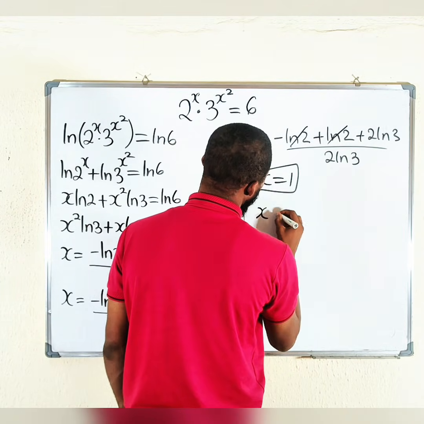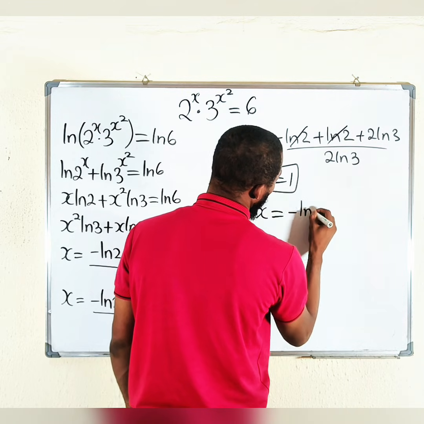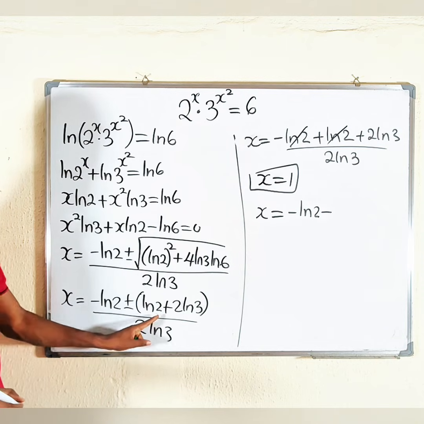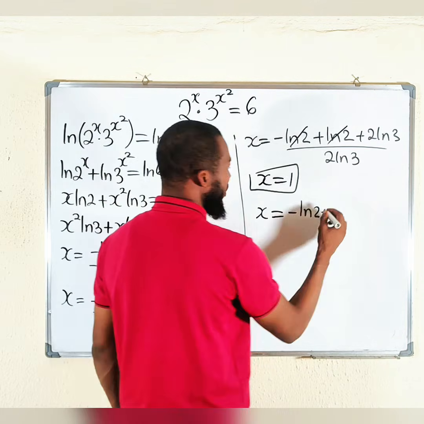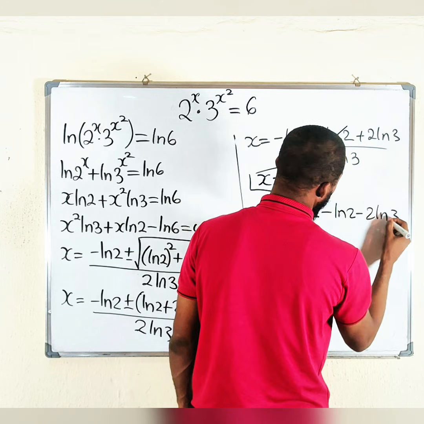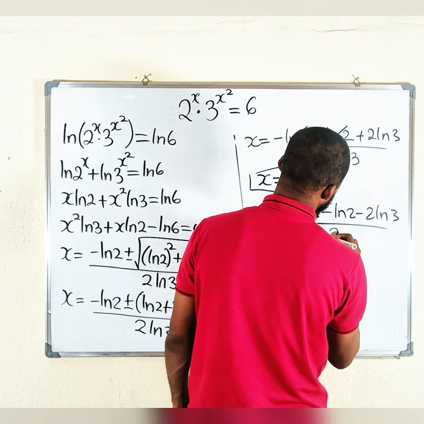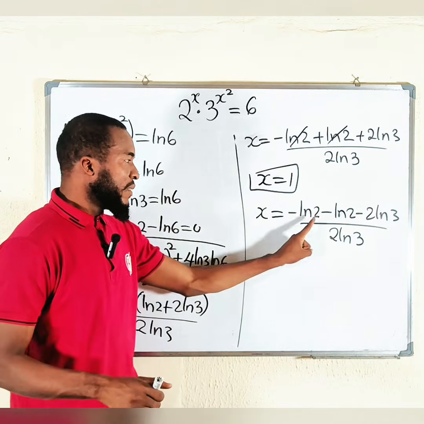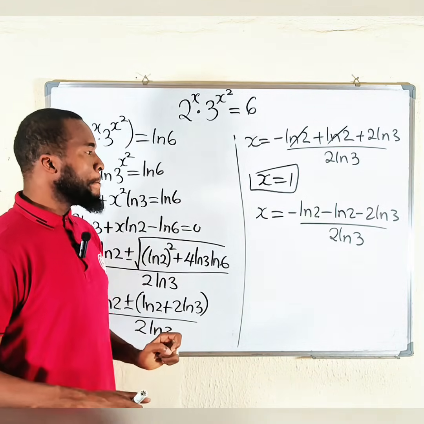Then you use the second version, minus natural log of 2, minus this time around. And this minus is going to affect the 2 times. So all of them will become negative. Natural log of 2 minus 2 times natural log of 3, divide by 2 times natural log of 3. This and this together will give us what?